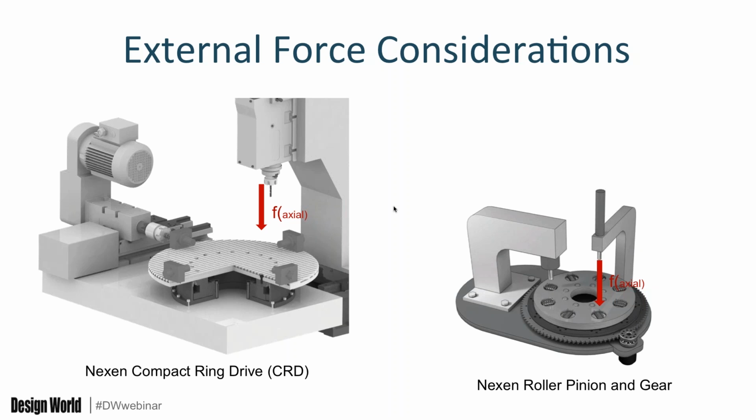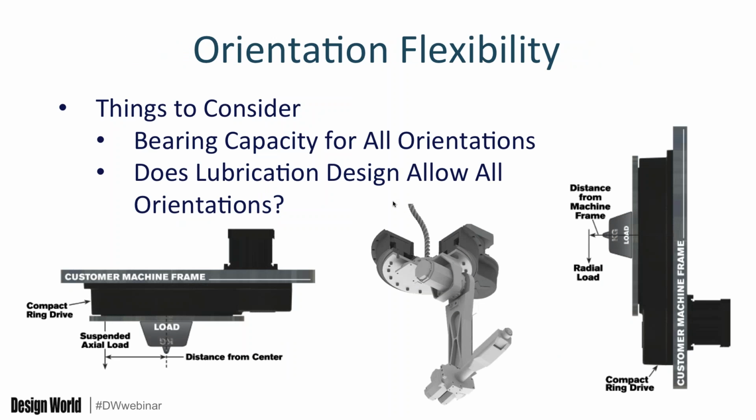Over to the right, you can see the same thing from a setup, and you can see the illustration where there would be the gear and the pinion. It's important that the indexer and the bearing are very, very accurate. Accuracy and repeatability capabilities always come into consideration in addition to the external forces that are going to be applied.